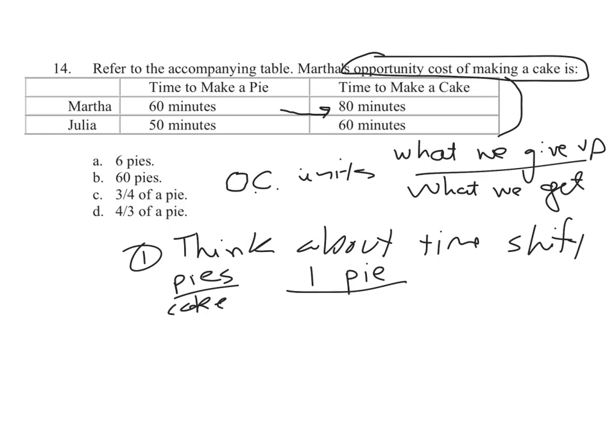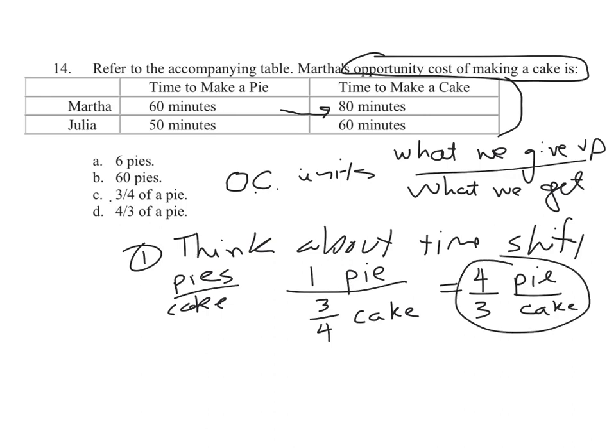And if we put an hour toward getting a cake, we're getting 3/4 of a cake, because 60 minutes is 3/4 of 80. 60 over 80 reduces to 3/4. Well, 1 over 3/4 is 4/3 of a pie per cake. And that's our answer. And so the answer would be D here.